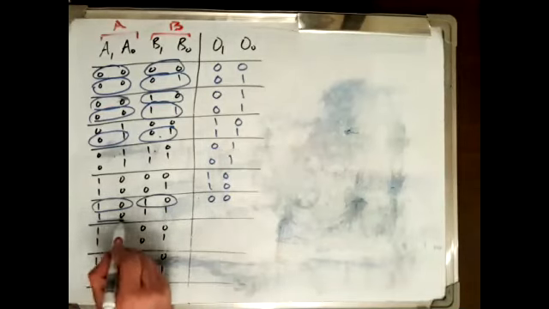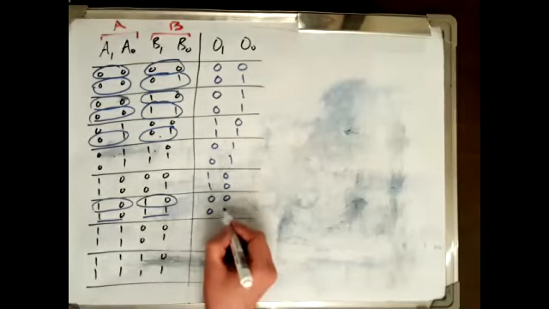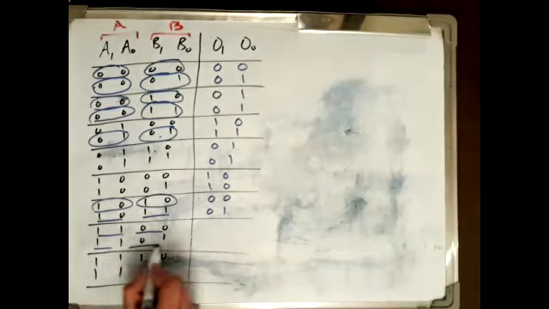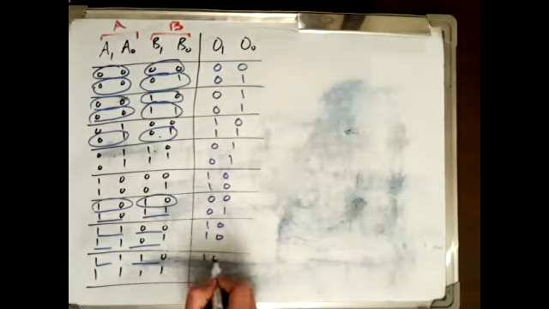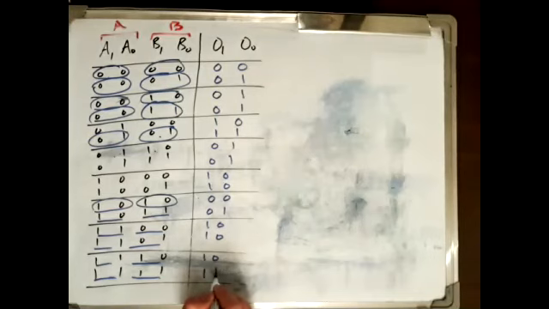A is 2, B is 3. So A is less than B, so it is 0, 1. A is greater than B, so it is 1, 0. A equals B, and both are odd, so the output is 1, 1.